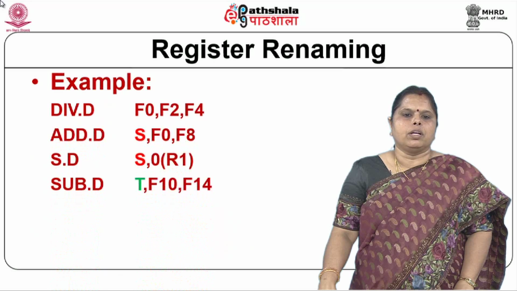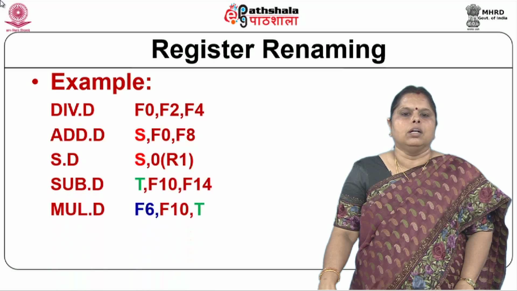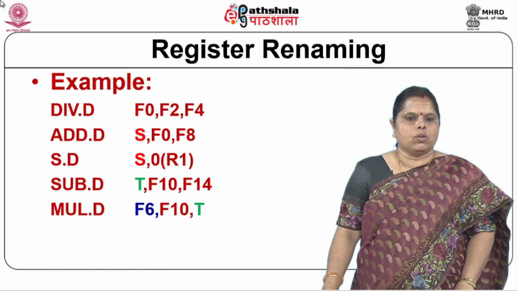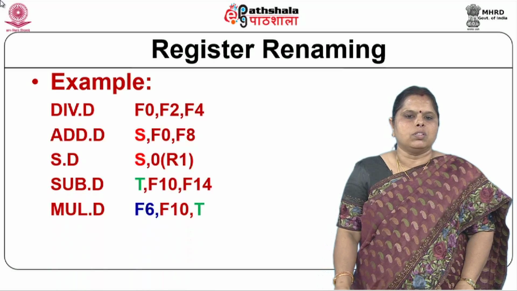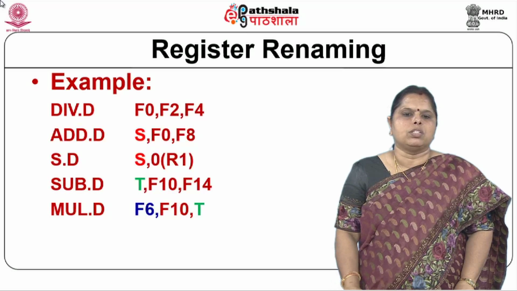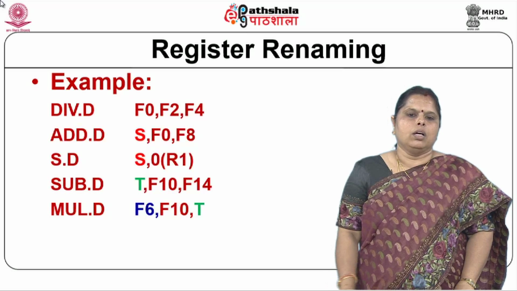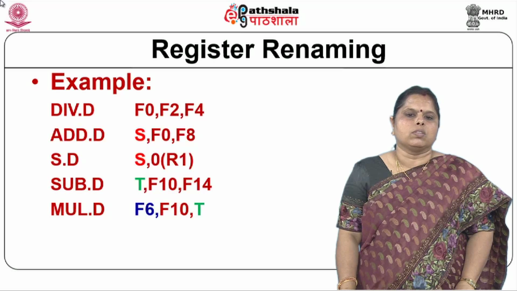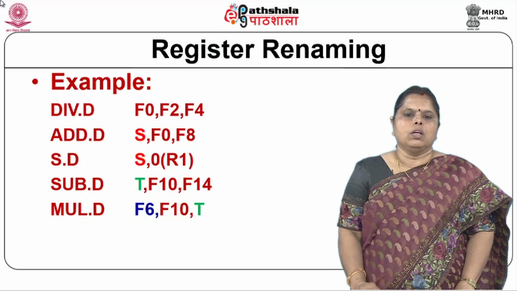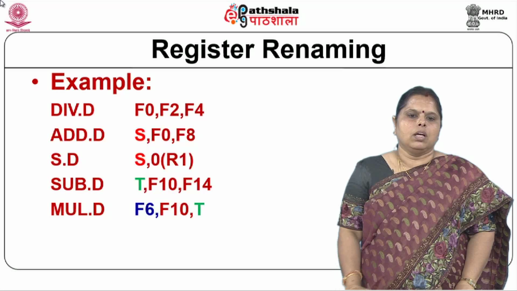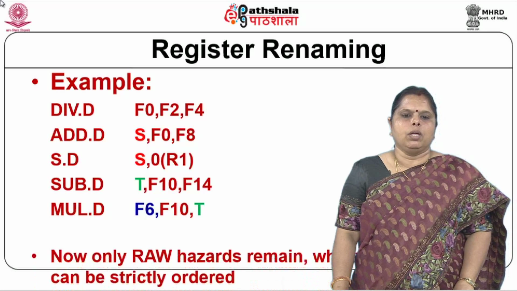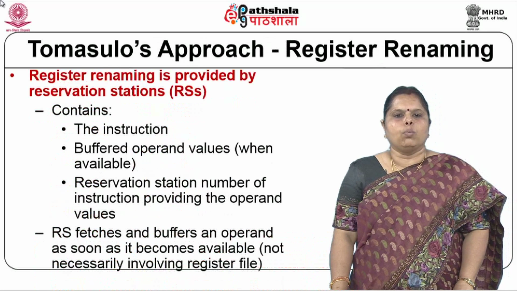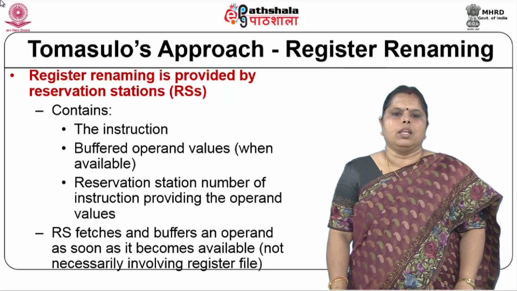If you use different registers called S and T here, the name dependencies have been resolved. So the program now just has true data dependencies, which will definitely have to be handled. So by just using the register renaming process, we've dealt with name dependencies, and true dependencies alone will have to be handled. So how does Tomasulo's approach do a register renaming process?